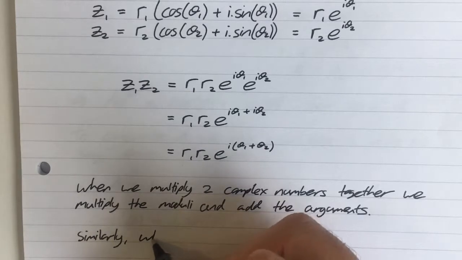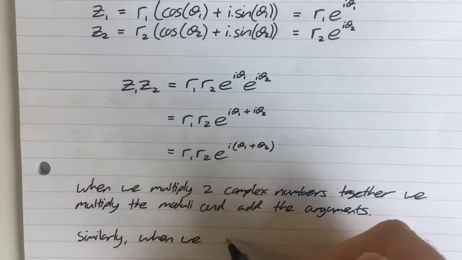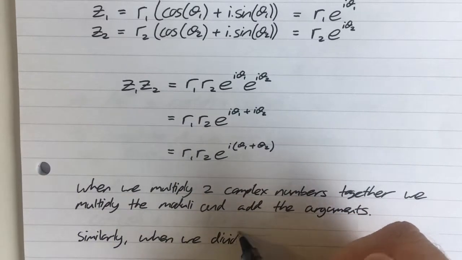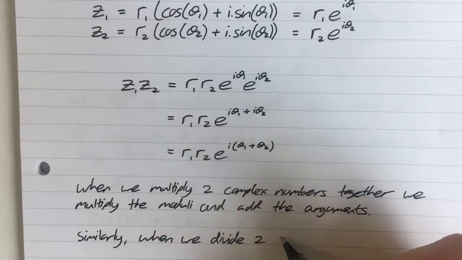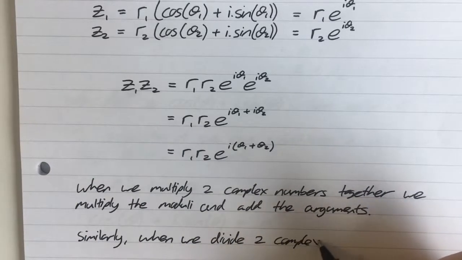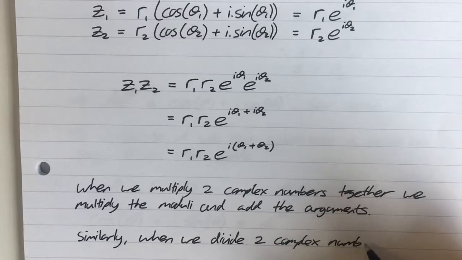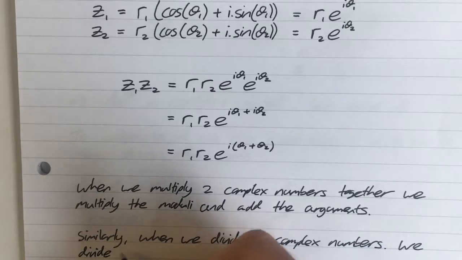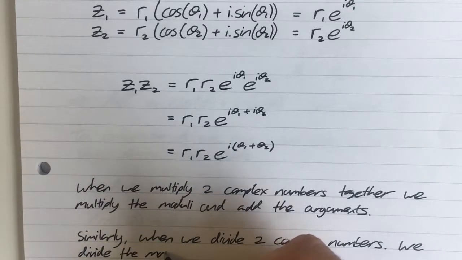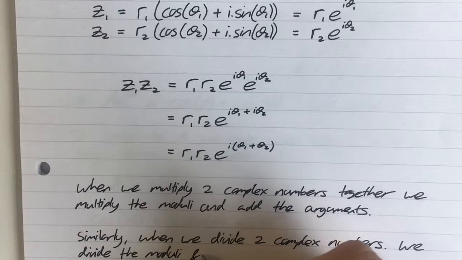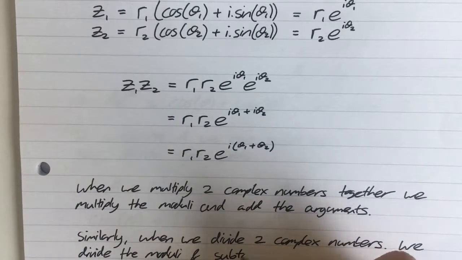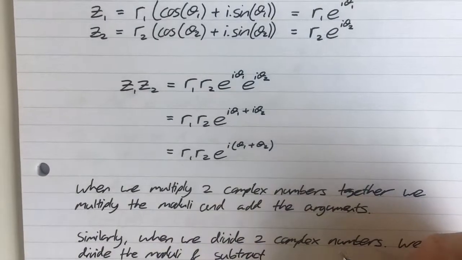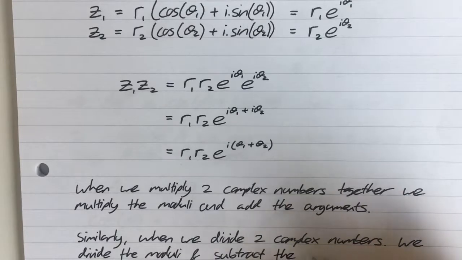Similarly, when we divide two complex numbers, we divide the moduli and subtract the arguments.